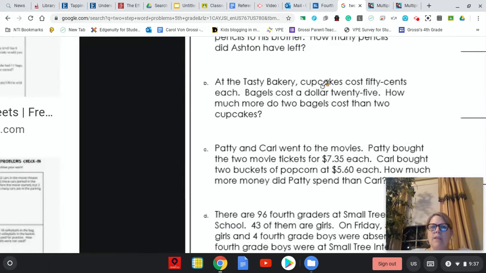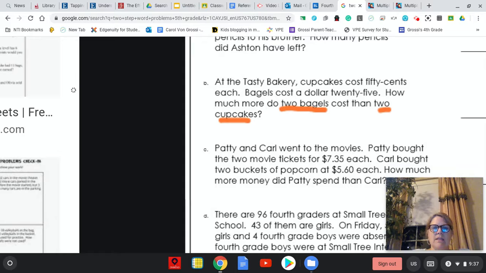Okay, so cupcakes cost 50 cents each. Bagels cost $1.25. And then we're going to figure out how much more do 2 bagels cost than 2 cupcakes. So to help me, I'm going to draw my diagram.